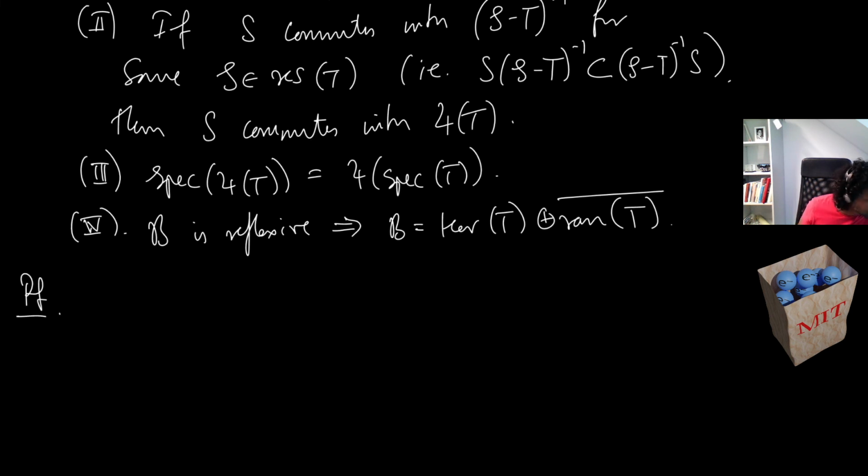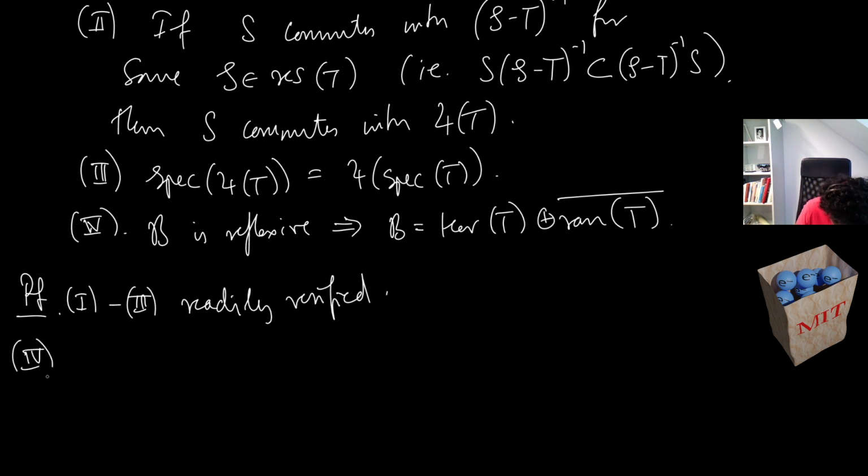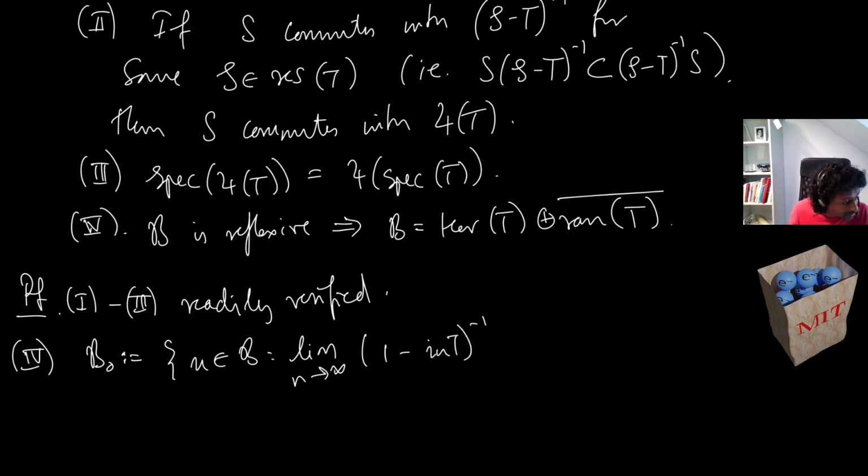Let me just quickly say 1, 2, 3 readily verified. Let me just give a hint of what happens for 4. We define B naught to be the set of U in B such that the limit as n to infinity of 1 minus i n T inverse exists.